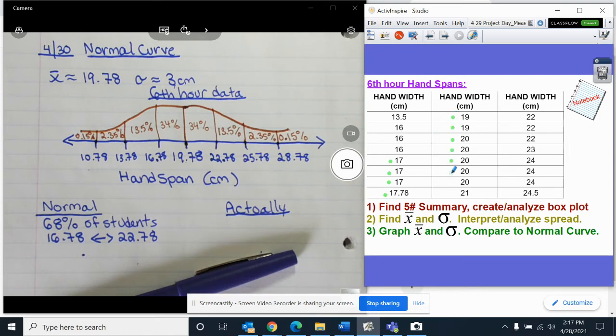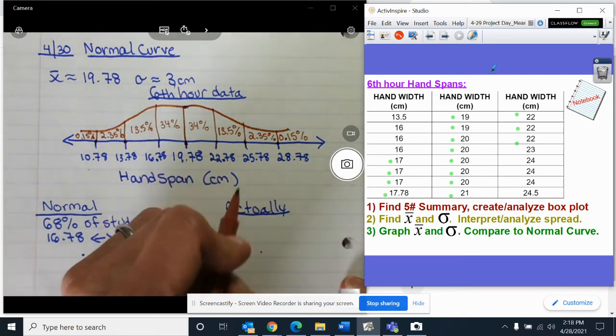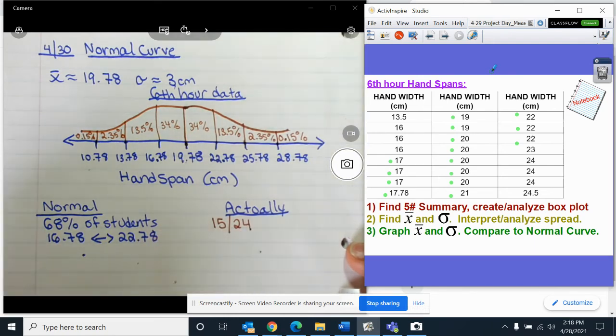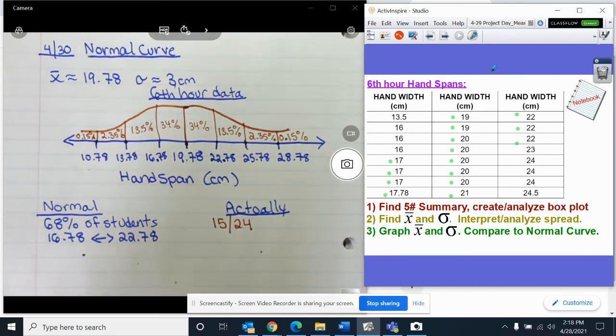If we look at our raw data, and so we have 4, 6, 8, 10, 12. We have 15 students out of 24 students that are in this range.